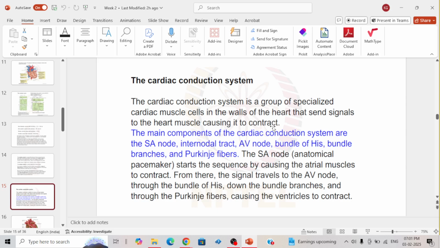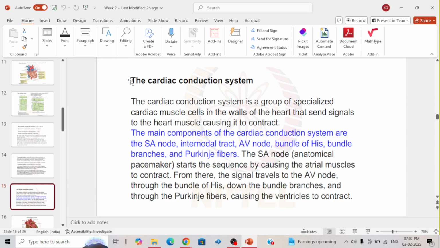When we were reading about excitation-contraction coupling, we read how the cardiac muscle contracts, but there must be some system that constantly sends the signal through the T tubules to these cardiac muscles to contract and relax.